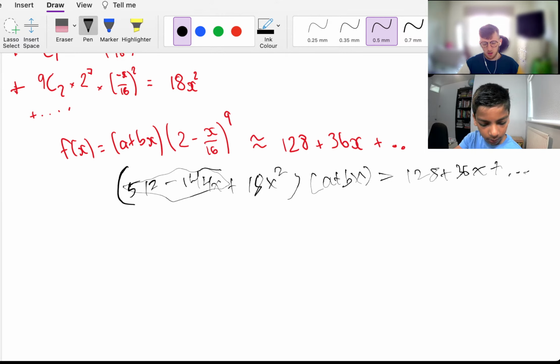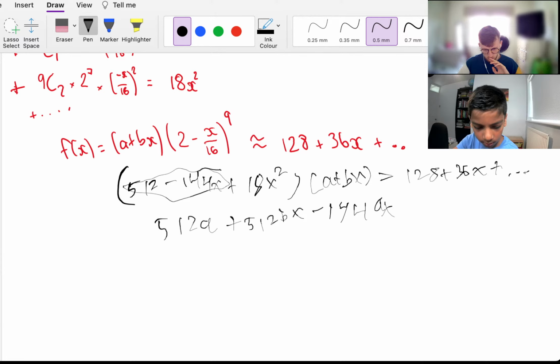So yes, that would be next. So 512 times a is 512a, and 512 times bx is 512bx, and then minus 144x times a is minus 144ax, and I'm pretty sure that's all we need actually, because we have only two of those terms.